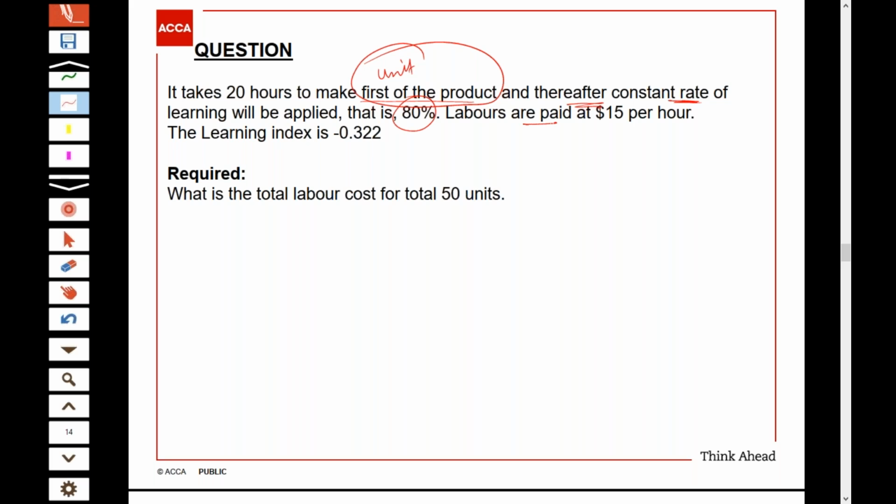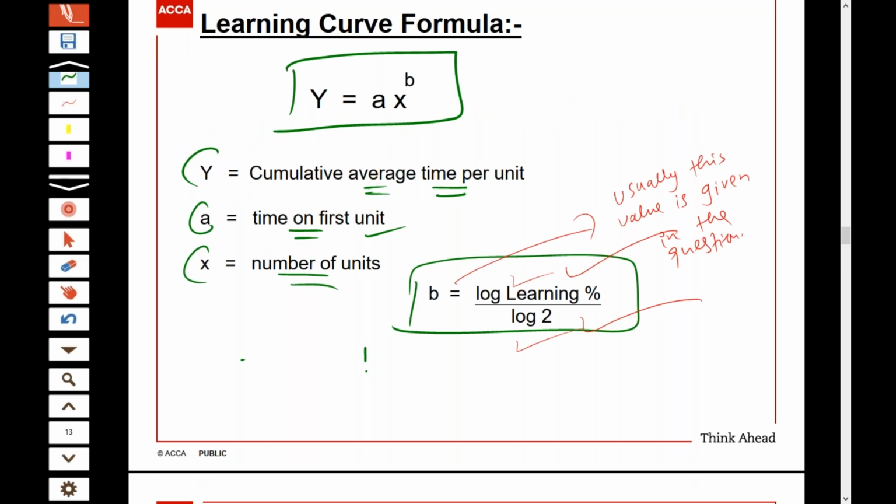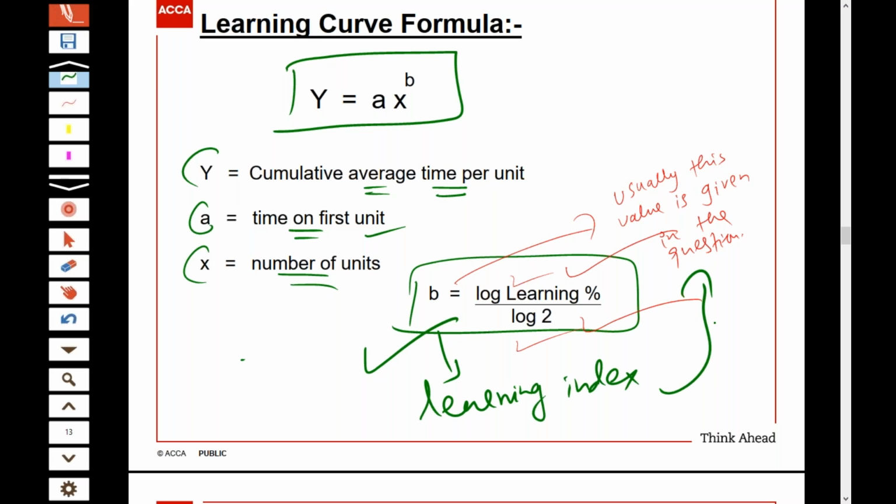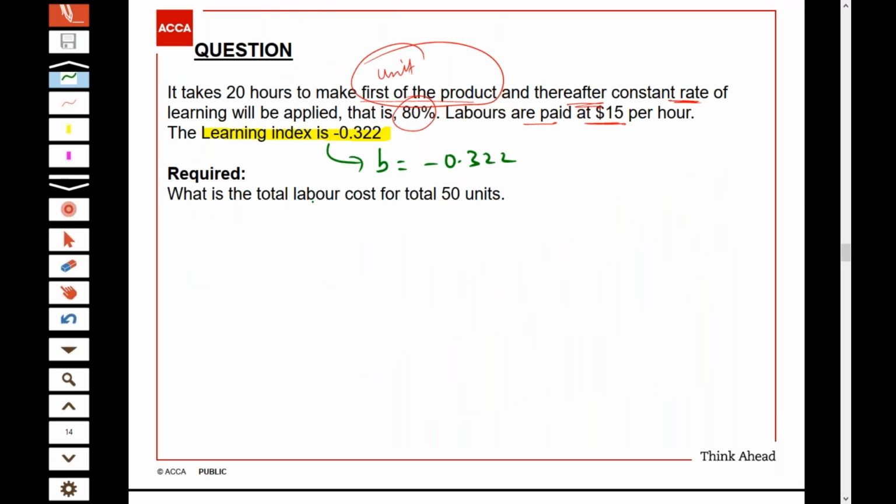Labor is paid at 15, and the learning index, b, is minus 0.322. This figure is called the learning index. Usually it is given. What is the total labor cost for 50 units?